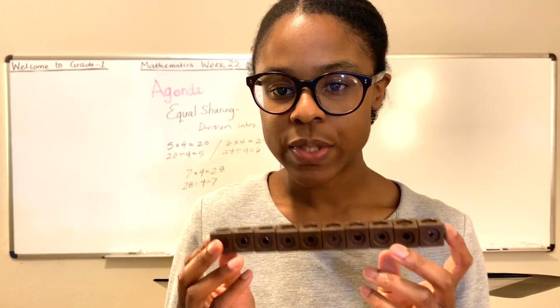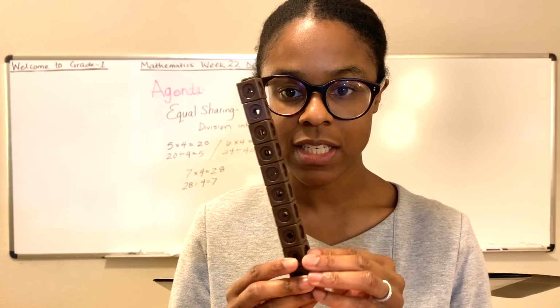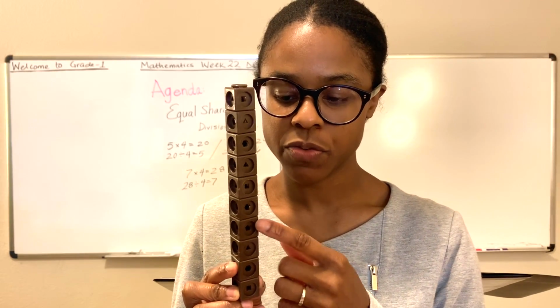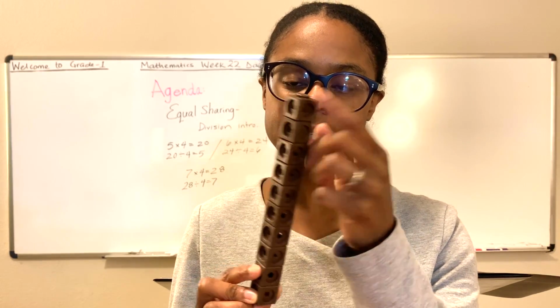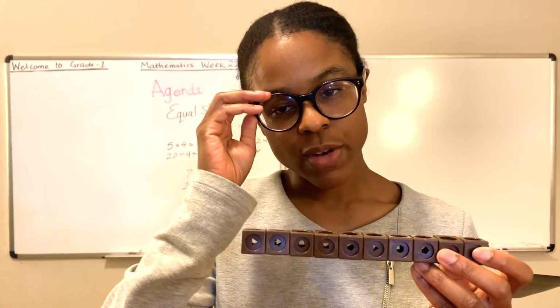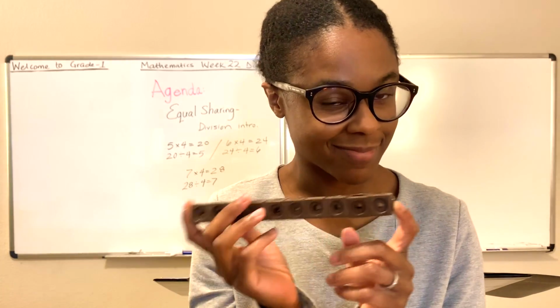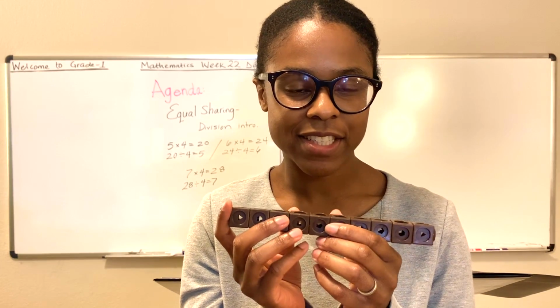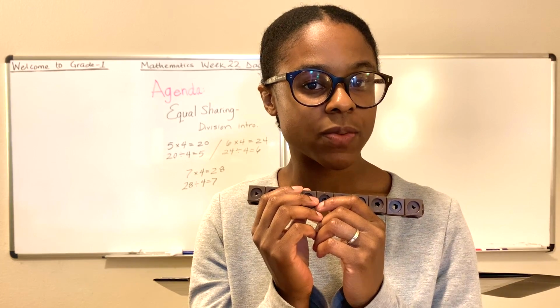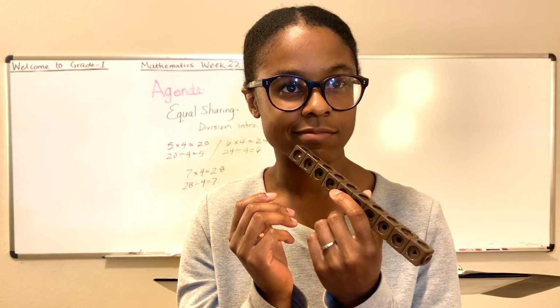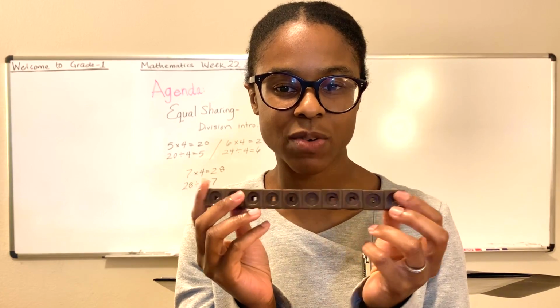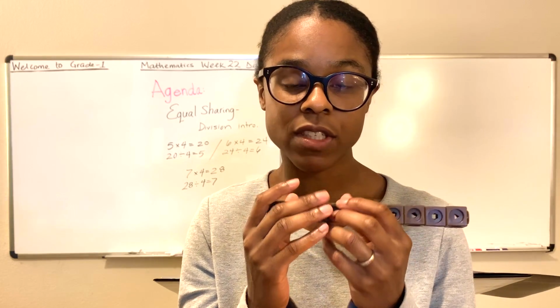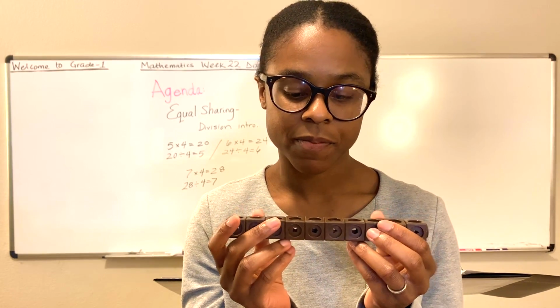So what we're going to do is take this set of 10. There are 10 cubes here: 1, 2, 3, 4, 5, 6, 7, 8, 9, 10. If I have 10 cubes here, and I want to give these cubes to 5 of my friends, how many equal parts will I get? I want to divide it enough to give to 5 of my friends.